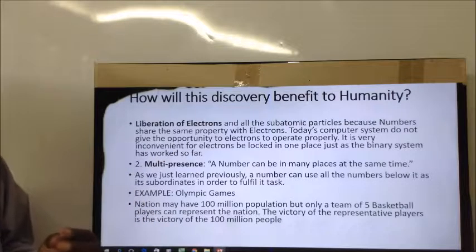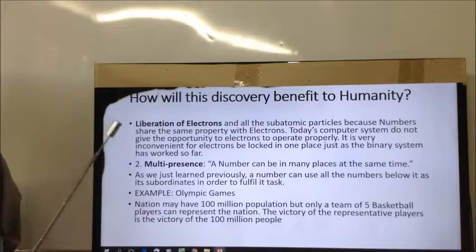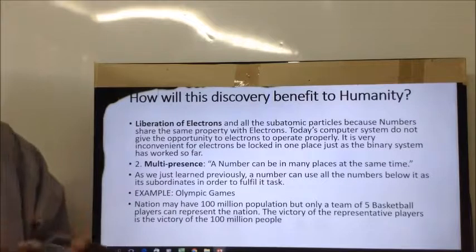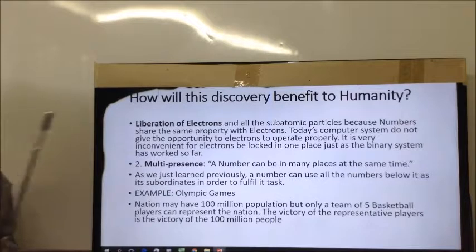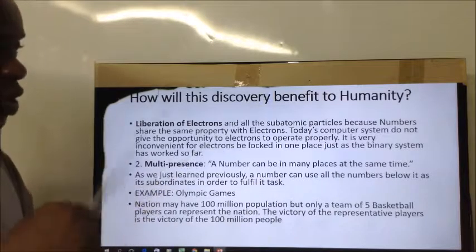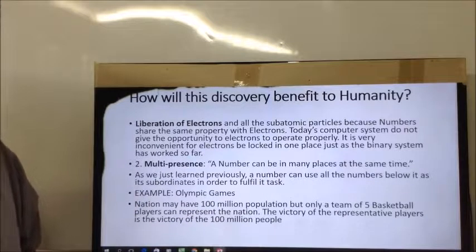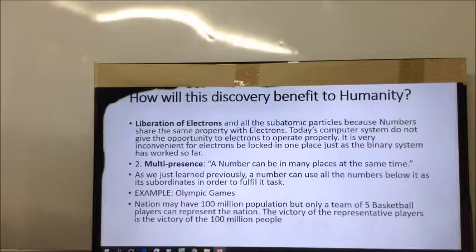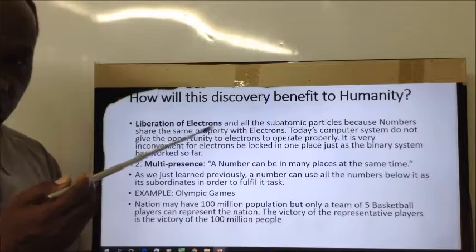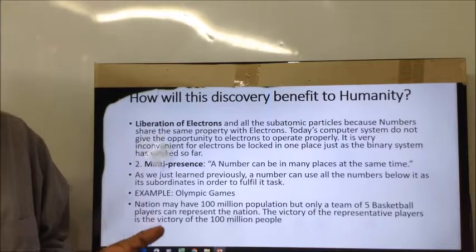So now let us see what this idea is going to give to humanity. First of all, because of this understanding we have of numbers, we are going to liberate the electrons and all the subatomic particles.